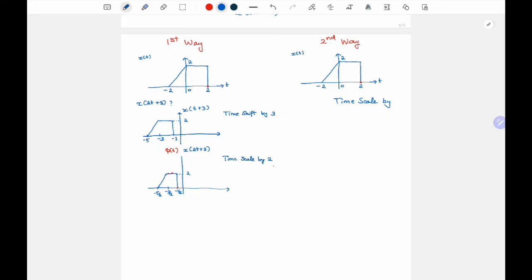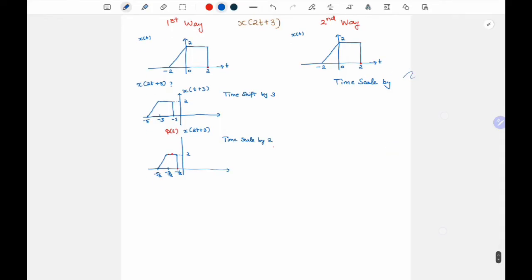A here is 2, so I need to find x of 2t plus 3. Okay, or I'll write it in another color. x of 2t plus 3. So time scale by 2. So if I time scale by 2, what will it be? So this will be 1, 0 and minus 1, right? Correct.